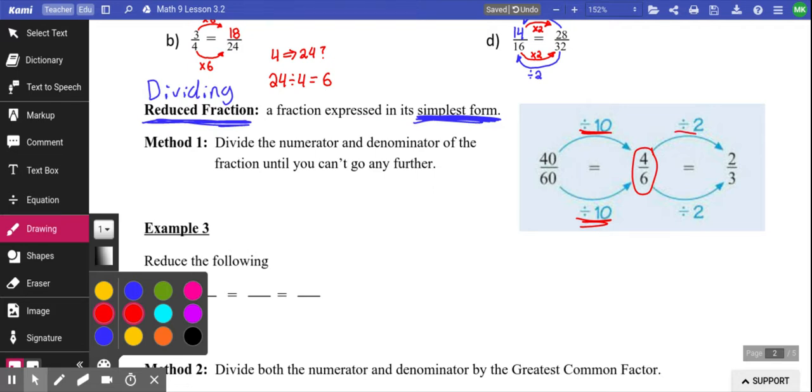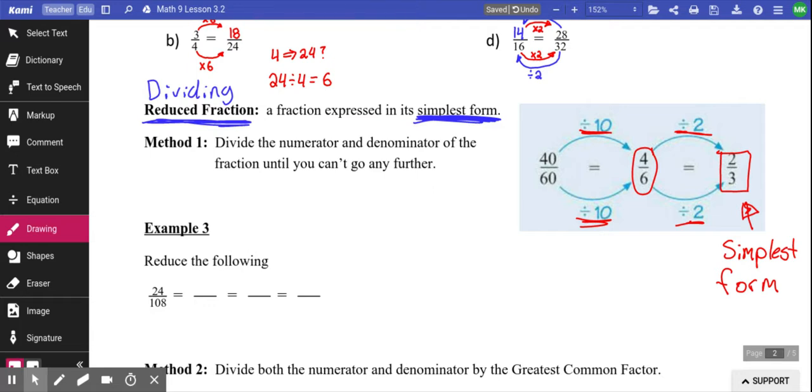You could still divide them by another 2 to get 2/3. That would be my simplest form. Your goal is going to be to write things in the simplest form as you move on, especially at higher grades.